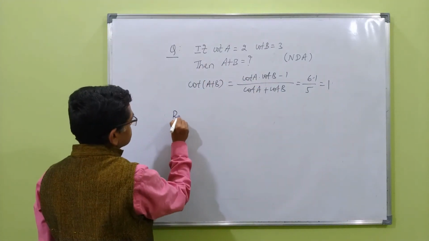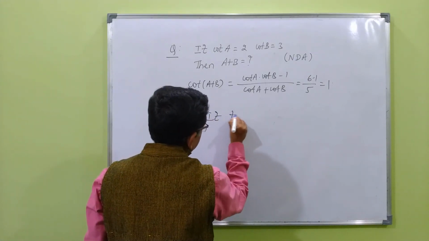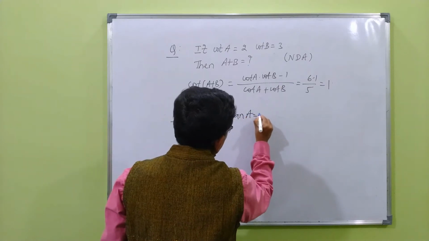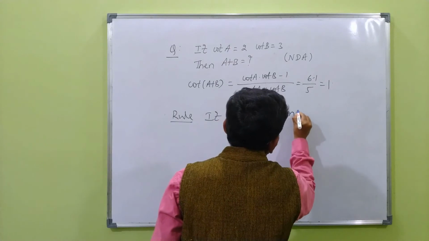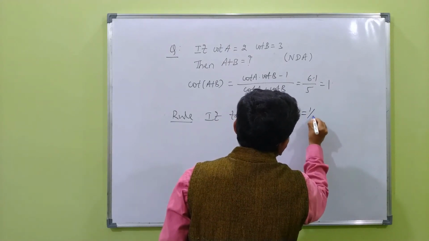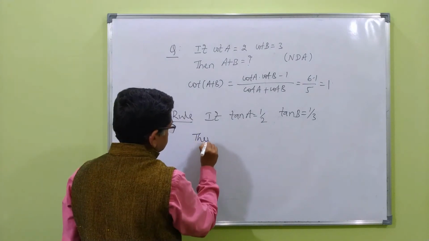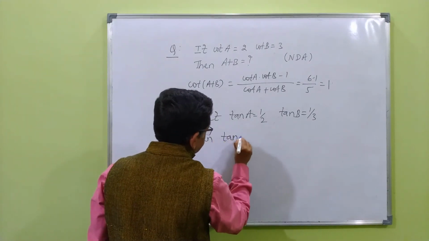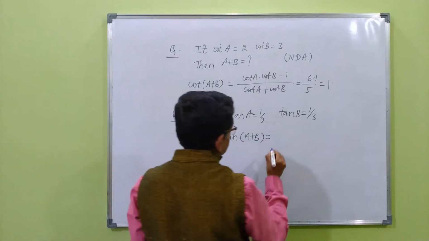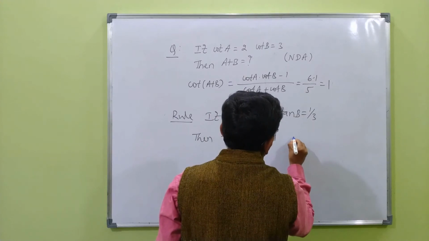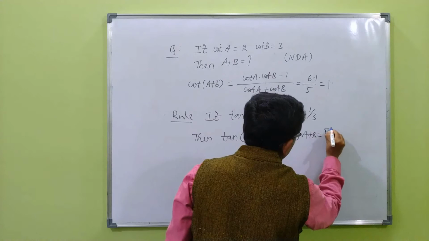So one rule is there, that is, if tan A is equal to 1/2 and tan B is equal to 1/3, then tan(A + B) is equal to 1 and A + B is equal to π/4.